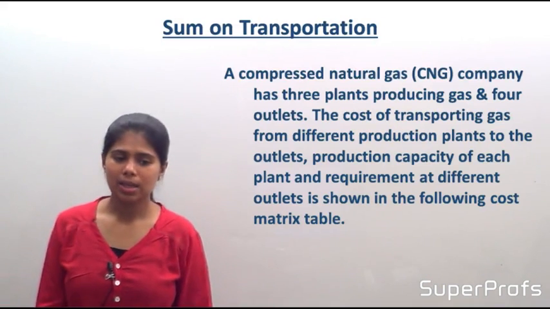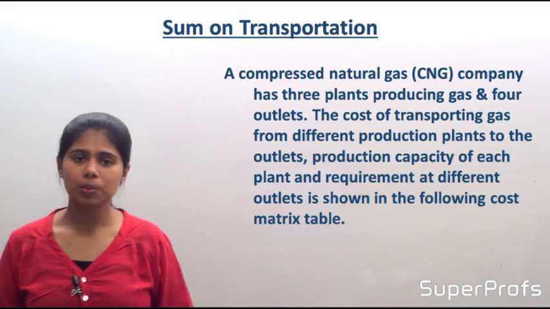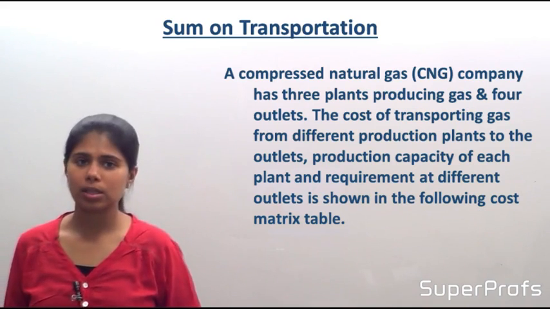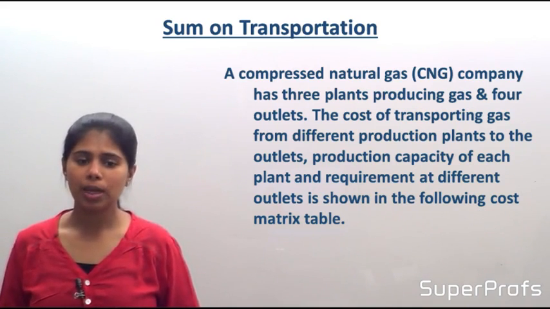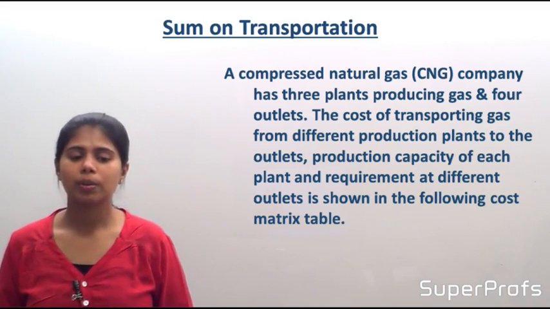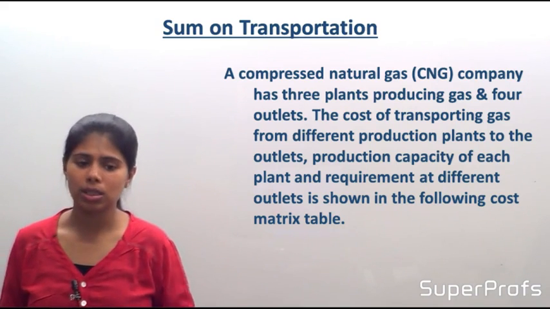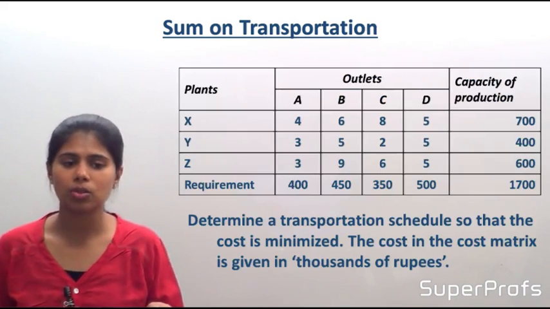A compressed natural gas (CNG) company has 3 plants producing gas and 4 outlets. The cost of transporting gas from different production plants to the outlets, the production capacity of each plant and the requirement in different outlets is shown in the following cost matrix below.